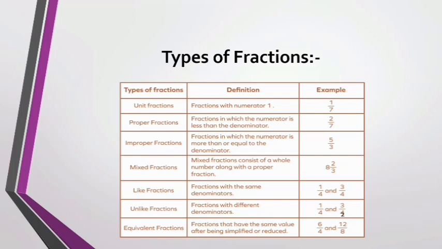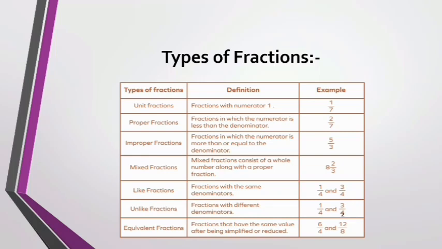A mixed fraction consists of a whole number along with a proper fraction. Means a whole number is separated, like 8 in the example, and 2 by 3 is the proper fraction part. When you combine these, this is called a mixed fraction. And one important thing is that whenever you simplify a mixed fraction, the answer should always come in improper fraction.